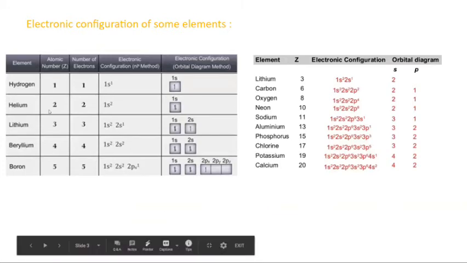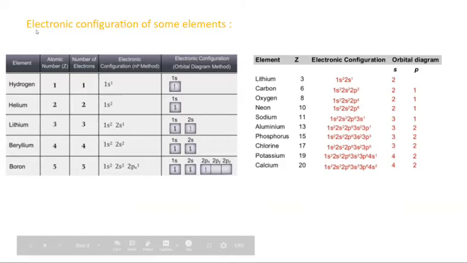Now, first element, hydrogen. So here we see the electronic configuration of some elements. First element is hydrogen, and the atomic number of hydrogen is 1. So one electron is present and one proton is present.